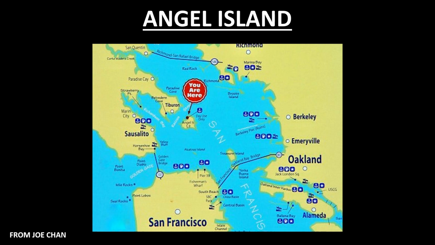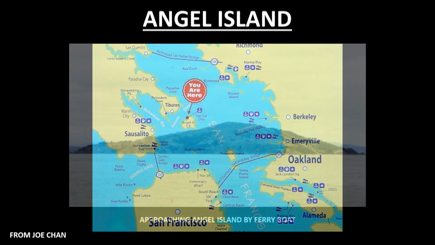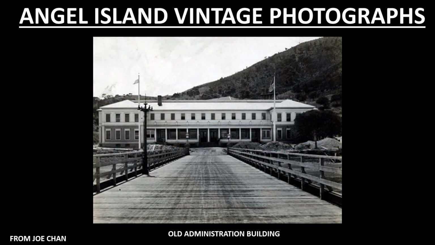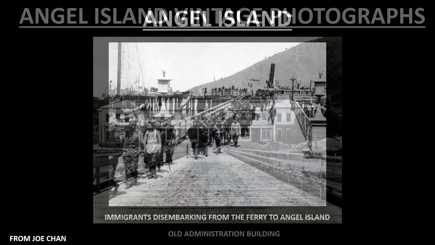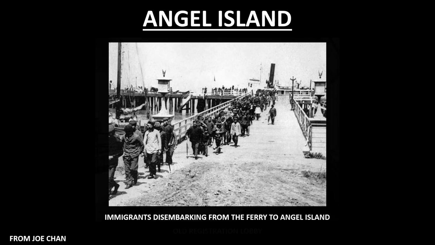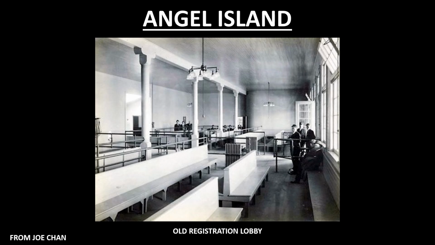This is Angel Island, in the middle of San Francisco Bay. Approaching Angel Island by ferry boat. This is the old administration building. These are Chinese immigrants disembarking from the ferry to Angel Island. This is the old registration lobby.